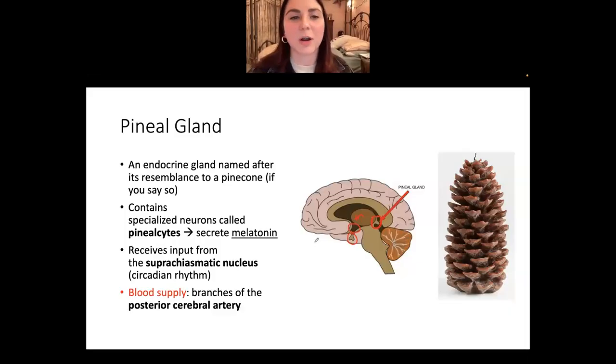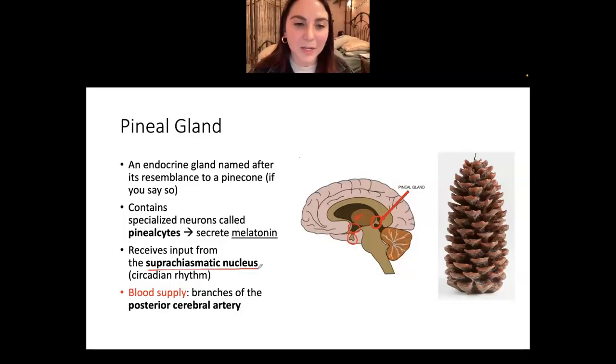These contain special neurons called pinealocytes. It's not very creative, but they secrete melatonin. So the pineal gland is very important for secreting melatonin, which you can imagine is really important for your sleep-wake cycle and your circadian rhythm. We're still in the brain, so there are going to be some neuro terms you don't truly know yet.